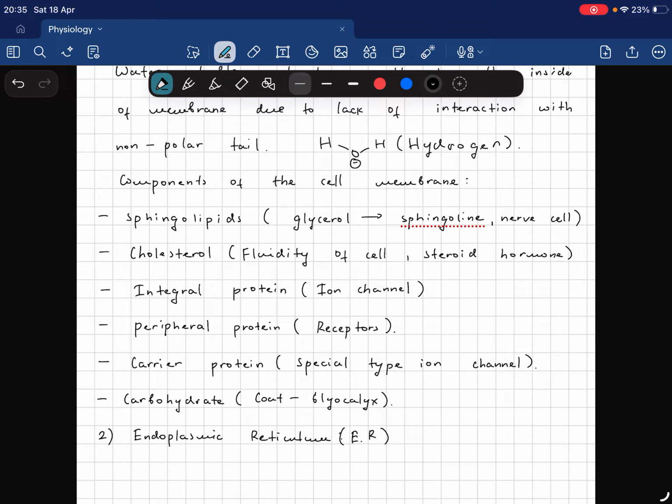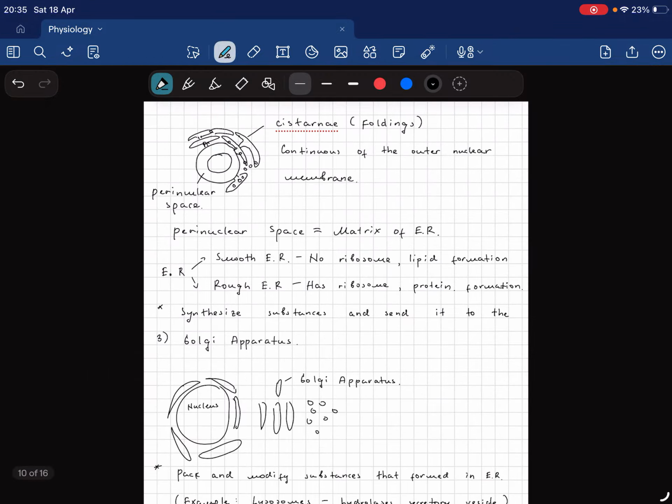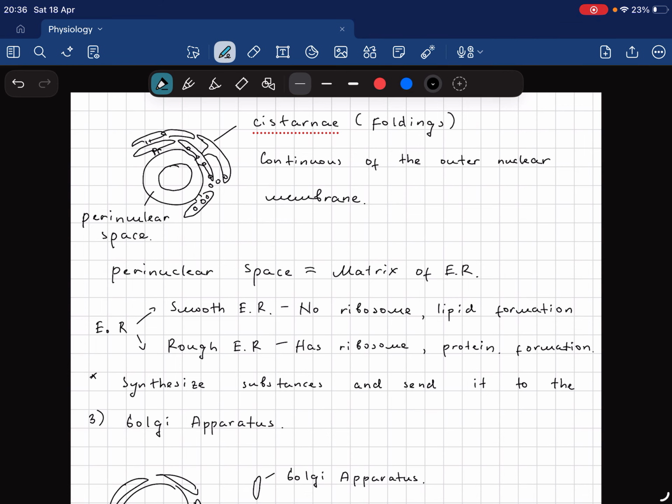Next, endoplasmic reticulum. I tried my best to draw the endoplasmic reticulum. If you see it clearly, you can understand that the nuclear membrane is a double membrane. There is an inner nuclear membrane and an outer nuclear membrane, and the endoplasmic reticulum is the continuation of the outer one.